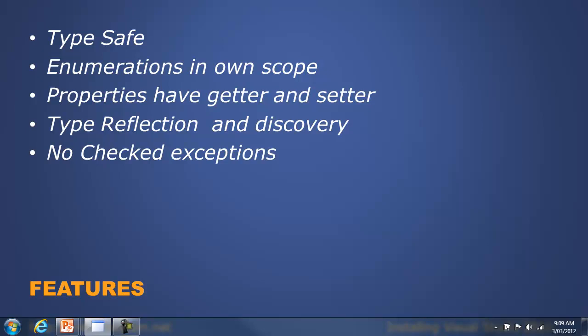Enumerations have their own scope and are not a list of constants. Properties can be exposed with coded getters and setters. The language supports type reflection, allowing discovery and inspection of metadata. There are no checked exceptions as with Java.